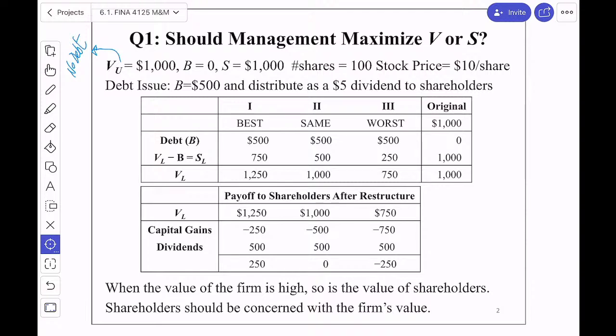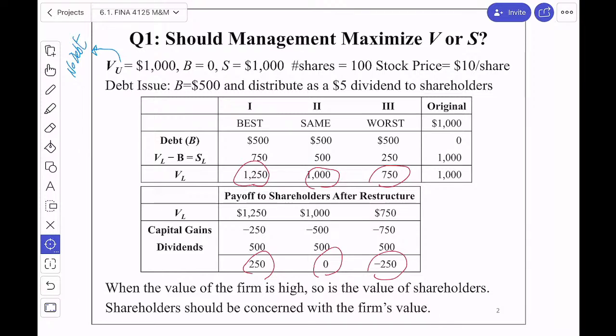And I demonstrate that when the value of the firm goes up, so does the shareholders' payoff. When the value doesn't change, neither does the shareholders' payout. And when the value of the firm drops, so does shareholder payoff. So shareholders should be concerned with the firm's value. It affects them.